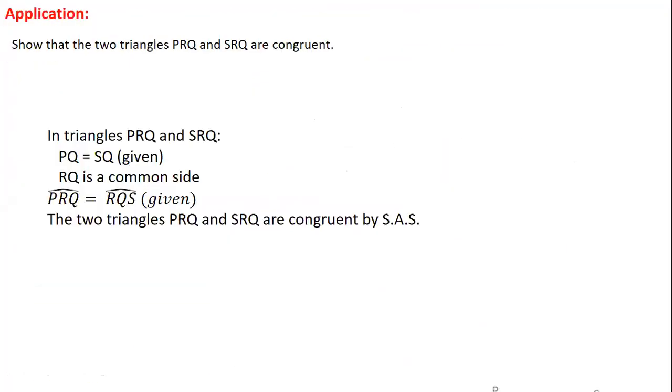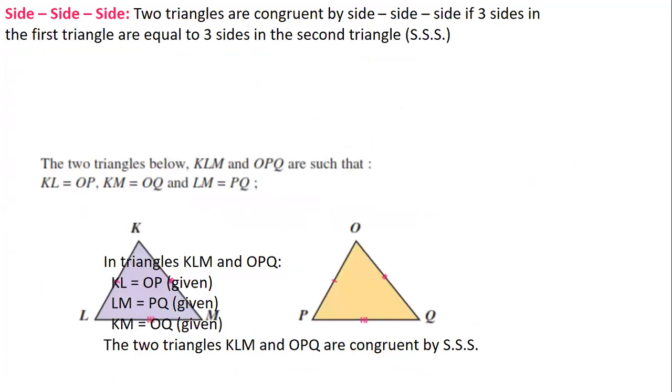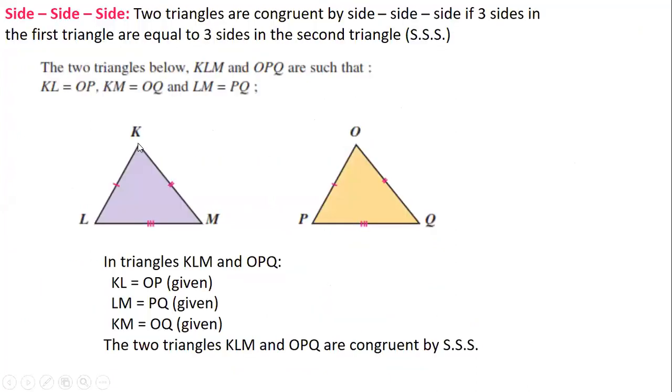Now, Fatima, you are asked here to prove that the two triangles KLM and OPQ are congruent. So read the starting sentence, Fatima, please. In triangles KLM and OPQ, we have, what do we have? First, side KL in the first triangle is equal to which side in the second triangle? OP. So we write KL is equal to OP, by given, because I have taken this from the figure.